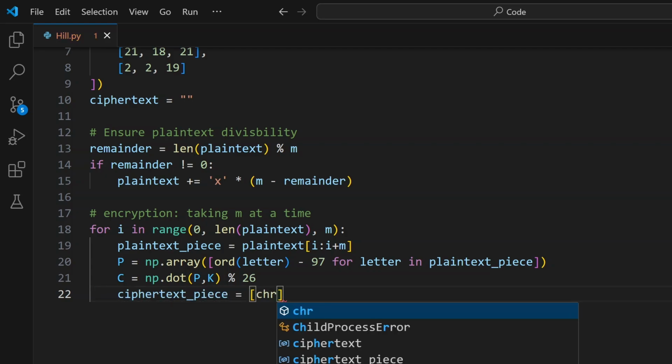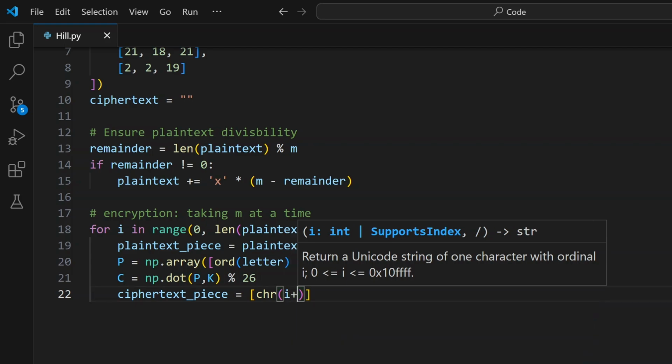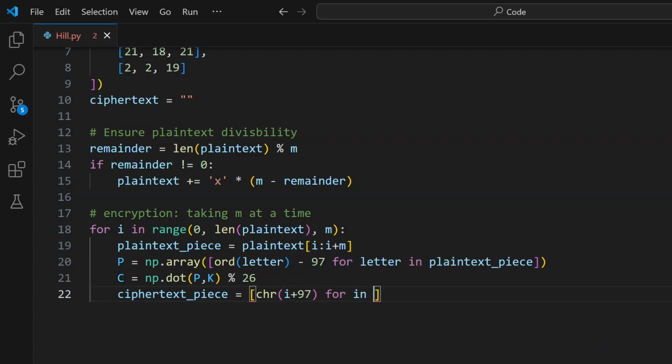And that would require us to convert the number back to characters and use this inbuilt function, chr, for character. And we're going to have i plus 97. So whatever number is in C, which we just calculated here, for i in C, whatever number is contained in there would be converted into a character plus 97.